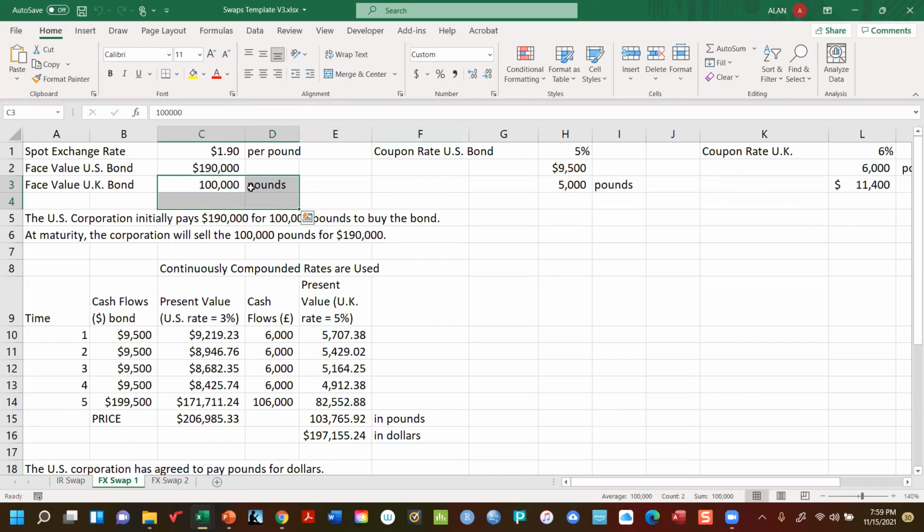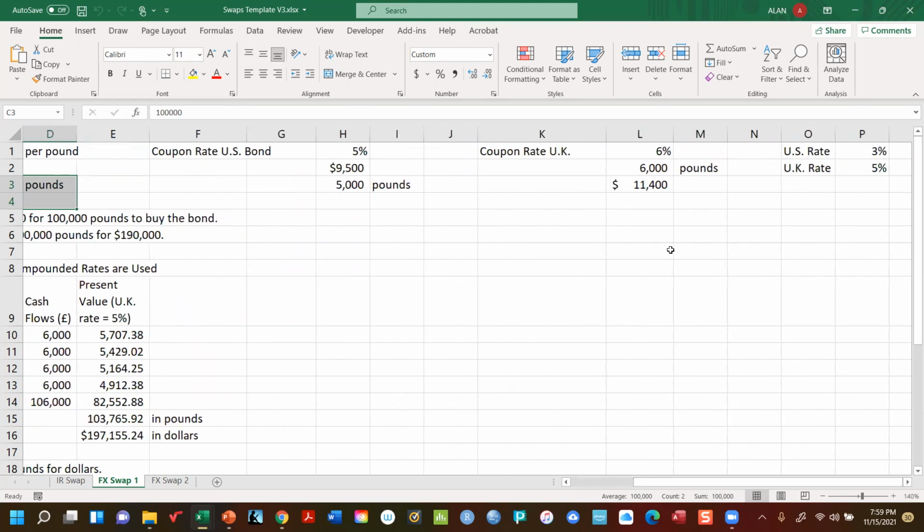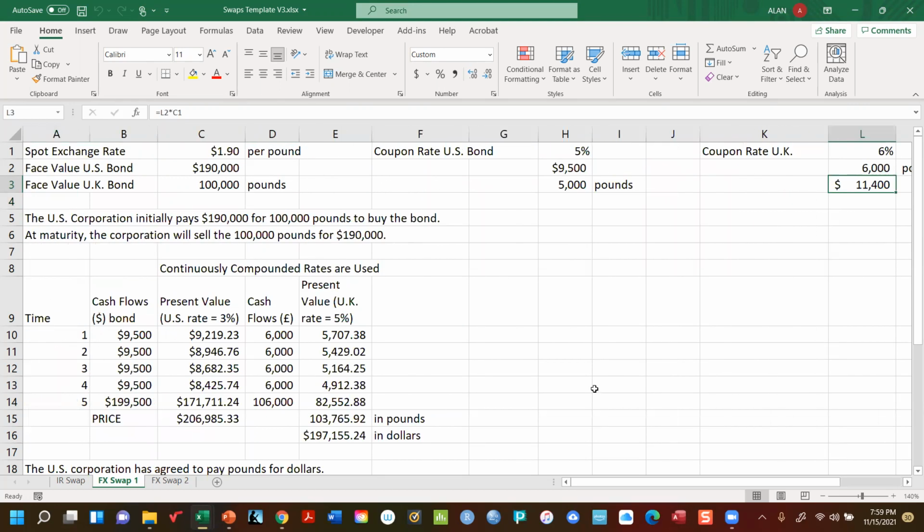Now the coupon is 6%. Actually, no, wait a minute. Sorry, the British bond that we bought is 6%, which means 6,000 pounds, but at $1.90 a pound, that works out to $11,400. Oh, right. I'm sorry. Because what we're doing here, I almost forgot.